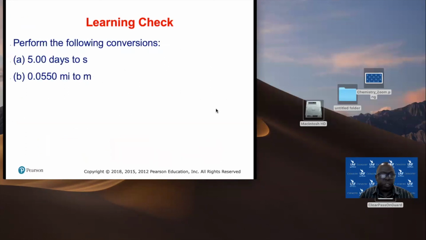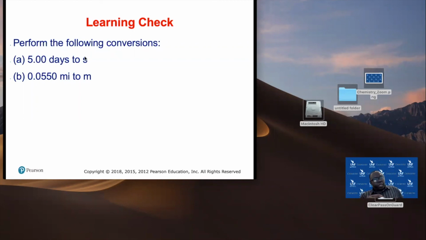I know you have used this before. Let's see. If you are given a number such as 5.00 days to seconds, how are you going to go about it? The final answer should have three significant figures. 5.00 has three significant figures. You have to convert to seconds.